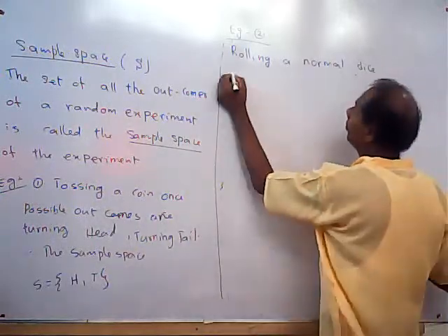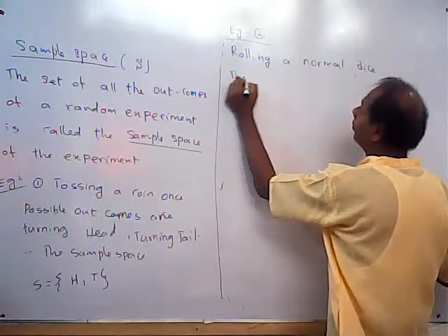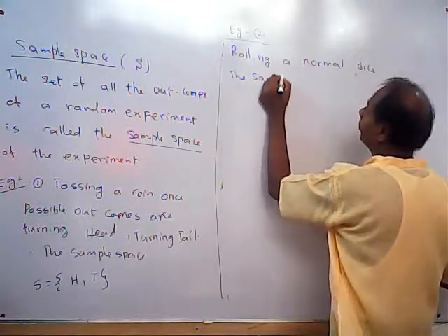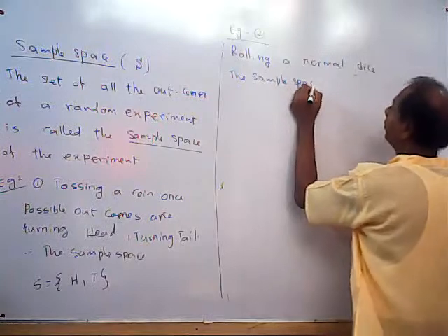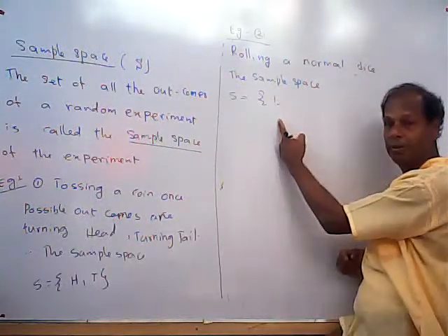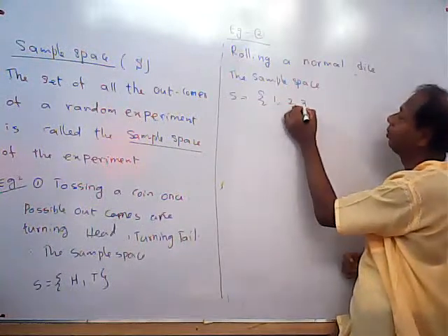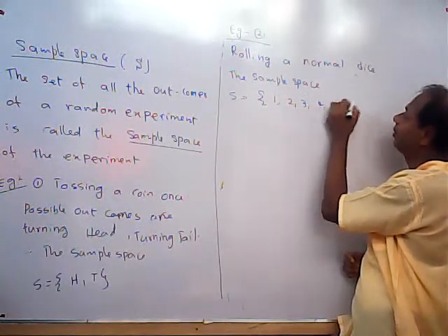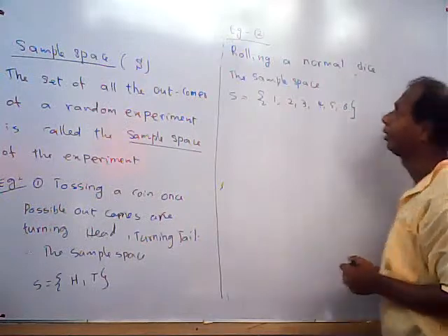The sample space has the elements 1, 2, 3, 4, 5, 6, right?